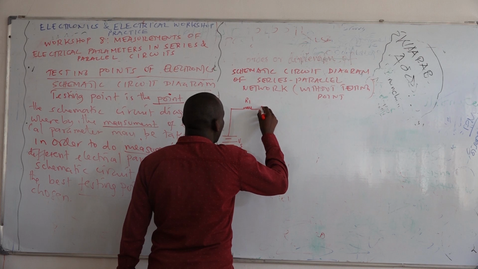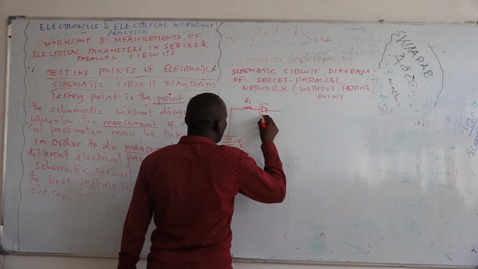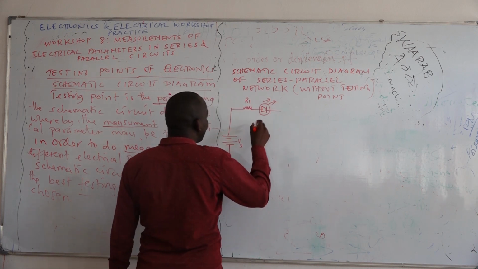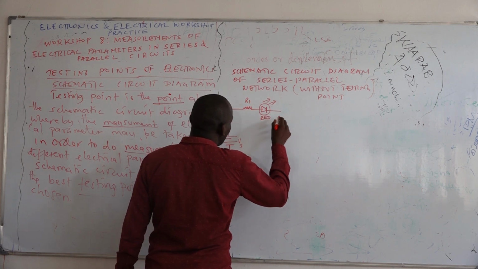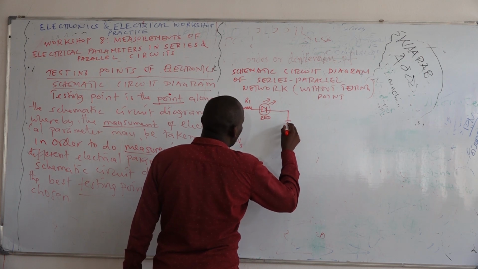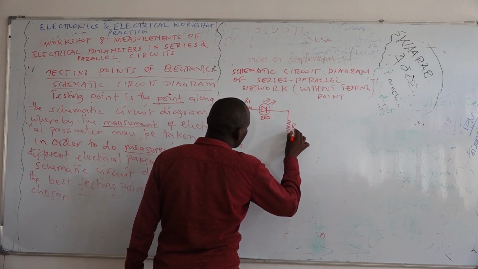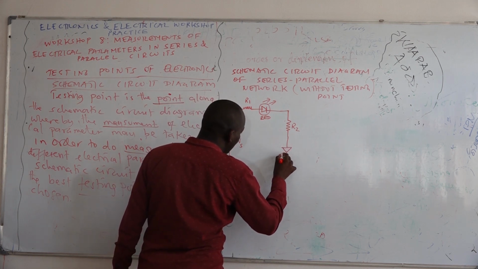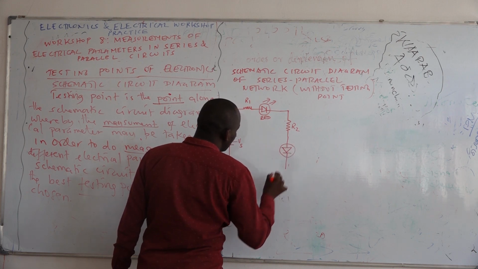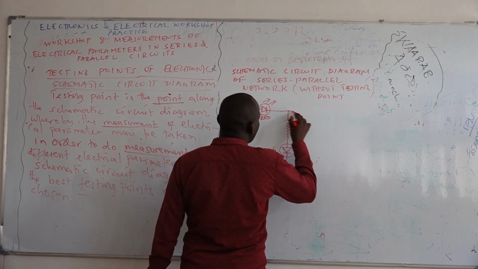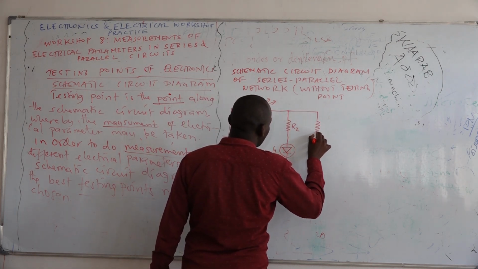Then a light emitting diode, which is a semiconductor device, let us say a red LED. Then here we are going to have a network, with a resistor, resistor 2, and another light emitting diode, which will be a green LED. And also at this junction, we have another resistor.